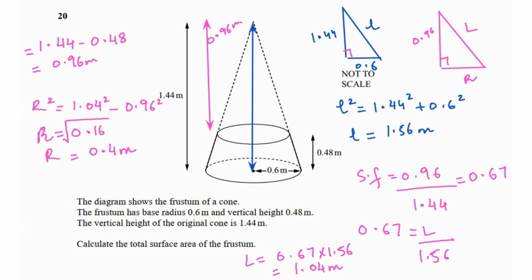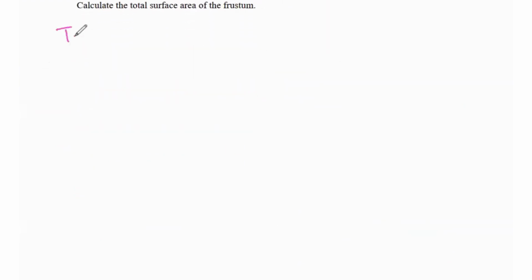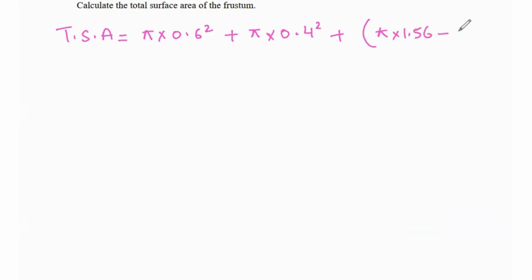So if we come over here, total surface area would be pi times 0.6 squared plus pi times 0.4 squared, and then plus the difference of pi times 1.56 minus pi times 1.04.